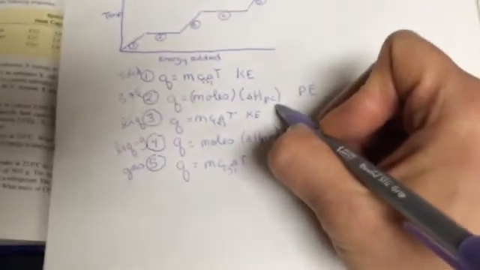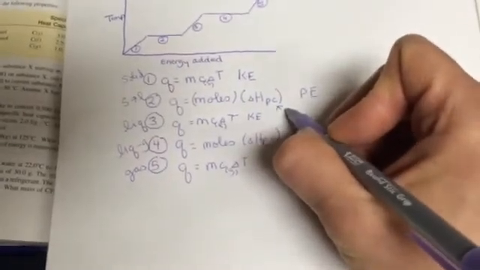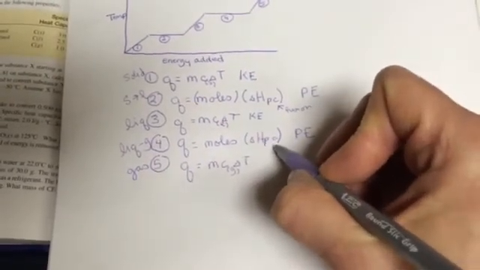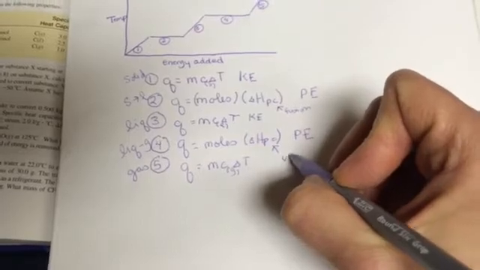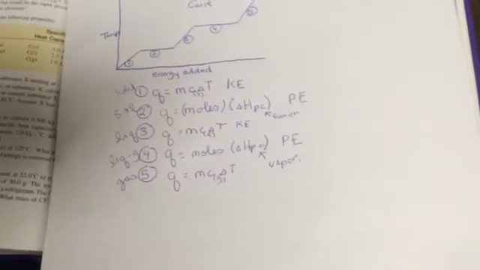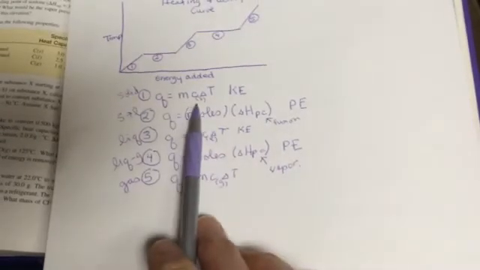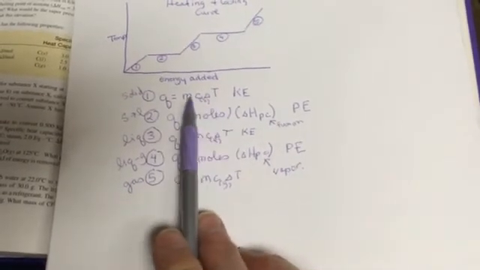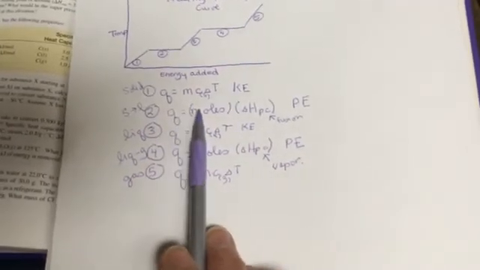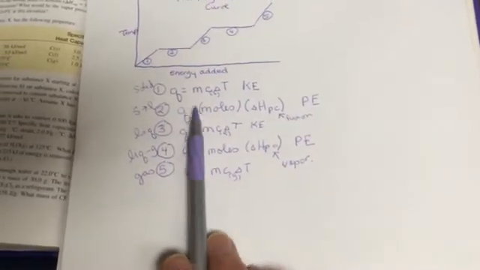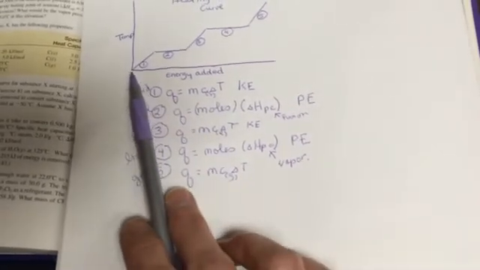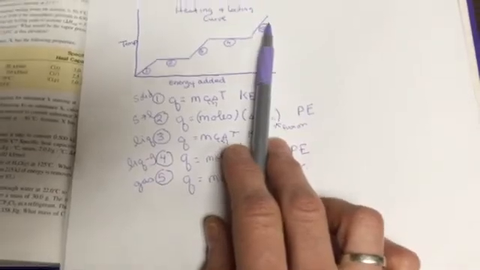In step 2, it would be the ΔH of fusion, and in step 4 this would be the ΔH of vaporization. And the only other thing that would change would be the temperature changes. The mass and the moles will always go in as the same two numbers, mass, and then convert that mass to moles. But the ΔT depends on where you're starting and where you're ending.